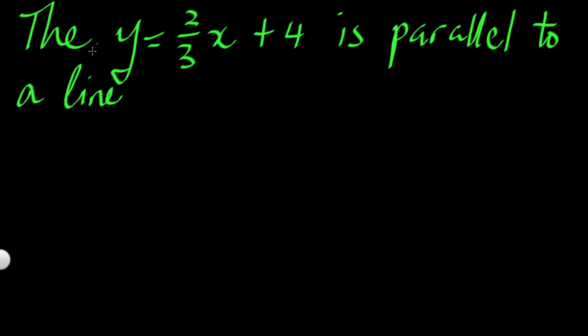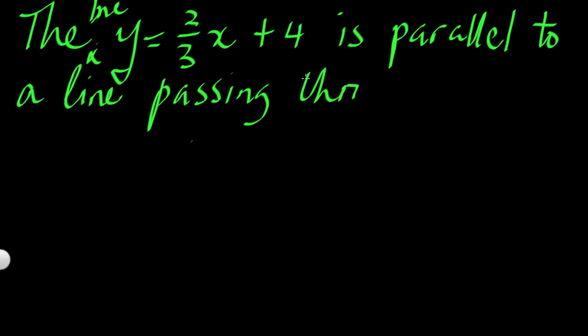Okay, I missed the line here. So the line, you know already. So the line y is equal to 2 over 3x plus 4 is parallel to a line passing through 0, 4.